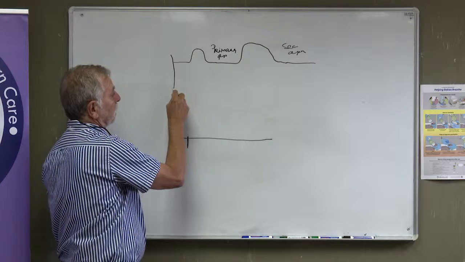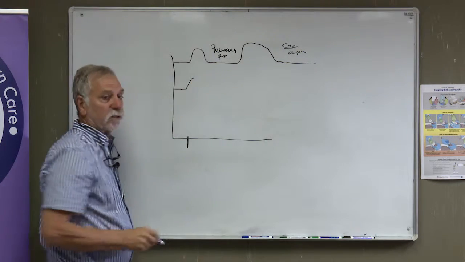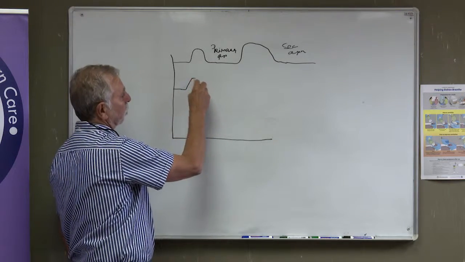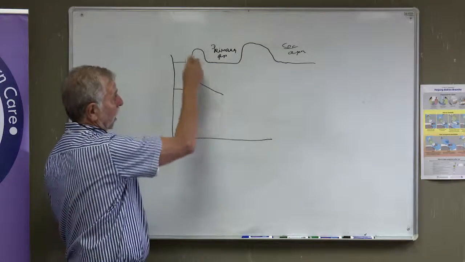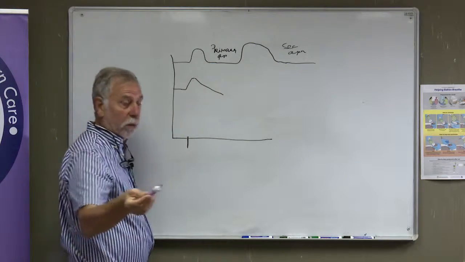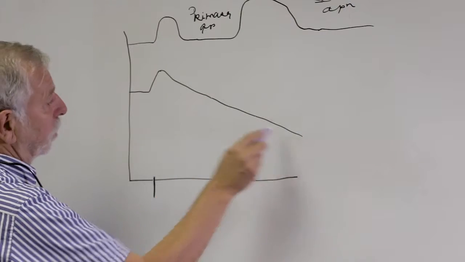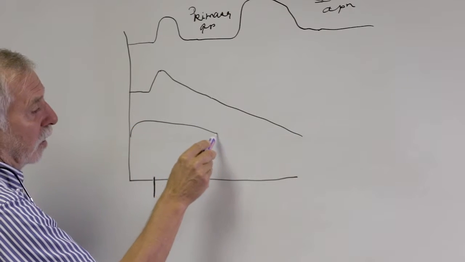On the next line we see heart rate. First, the heart rate is going up a little bit, and that is because of the surge of adrenaline, but then because there is no breath, there's no oxygen coming into the system, heart rate will drop and drop and drop. As well will the blood pressure.